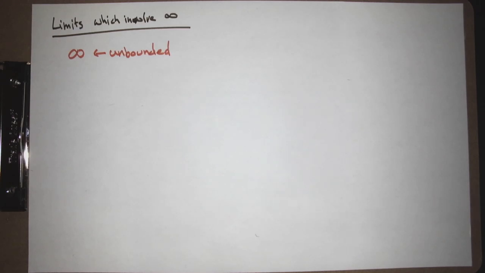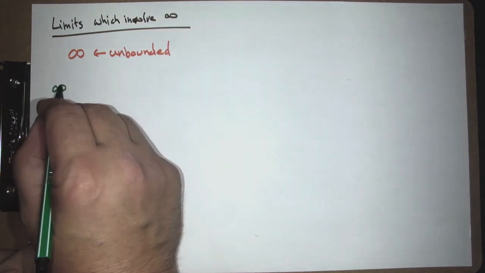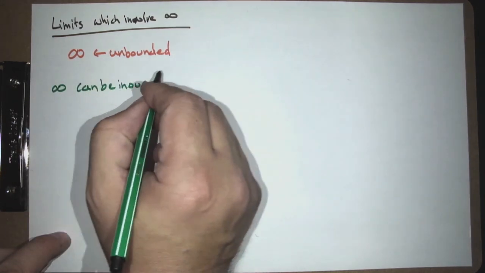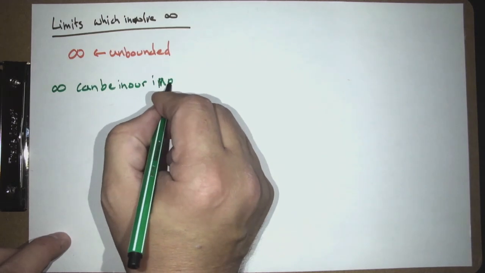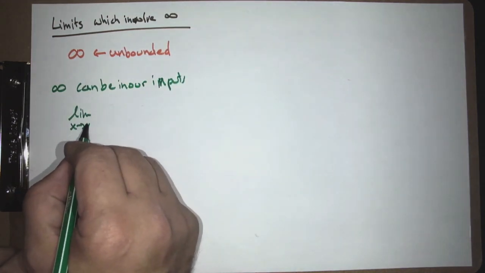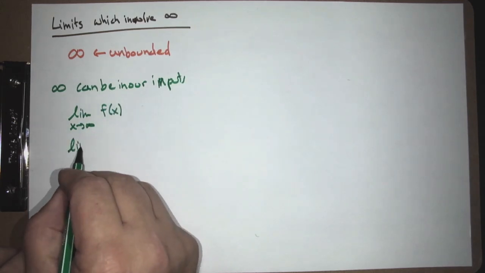Now, there are two ways infinity can show up in our problems. One way is that infinity can be in our inputs, in some sense. For that, we're asking, what's happening to our function as we let our inputs go towards infinity?